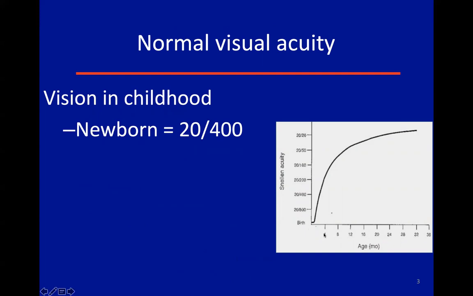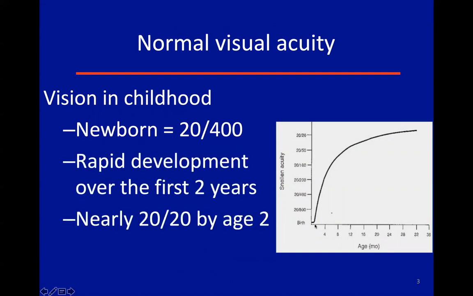Then there's a rapid development over the first 2 years, and usually by age 2, as you see here, the patients are 20/20, which means 6/6, normal vision if there is no other problem. We're talking about a normal child.